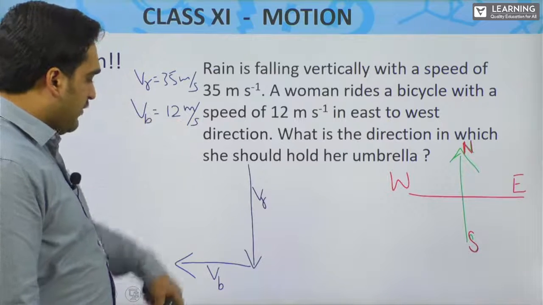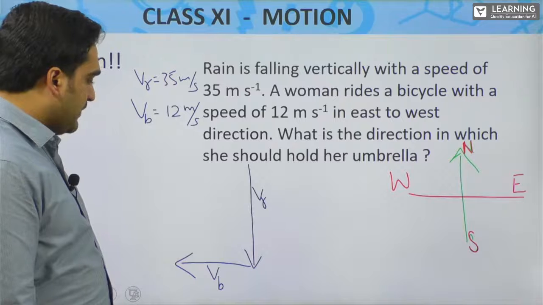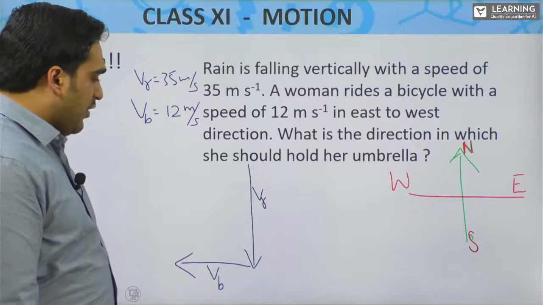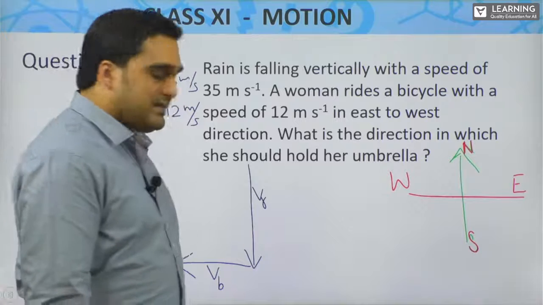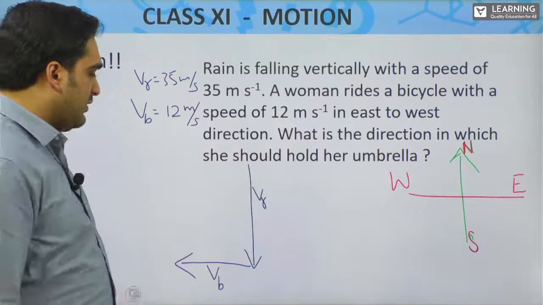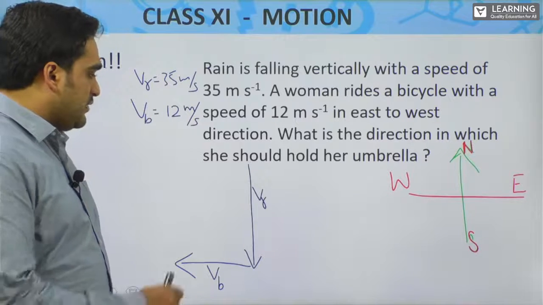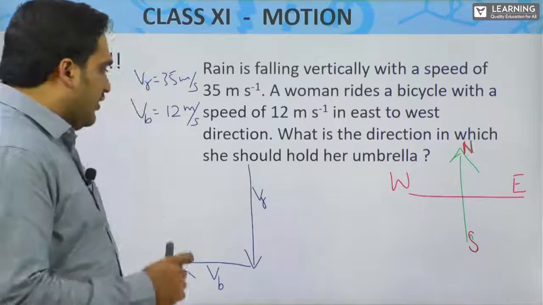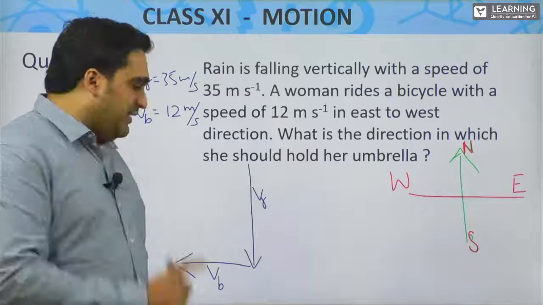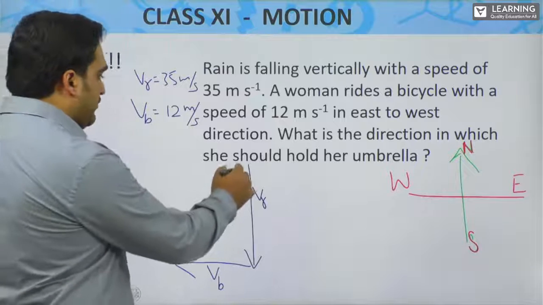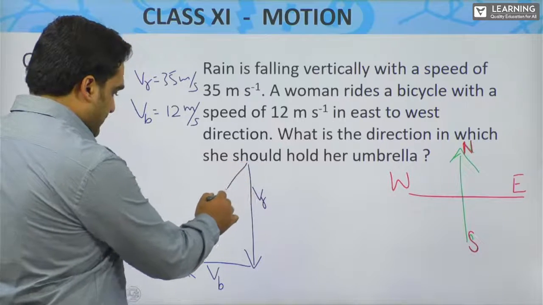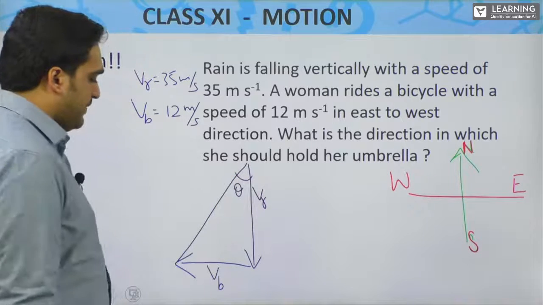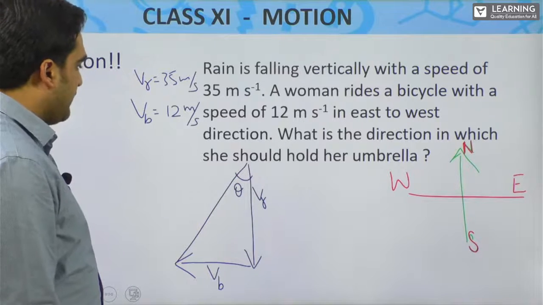Since the rain is falling vertically downwards and the bicycle is moving forward, obviously the umbrella is held in a forward direction. So since the umbrella is held in a forward direction, to identify the angle, you could say this angle which is theta that it makes.